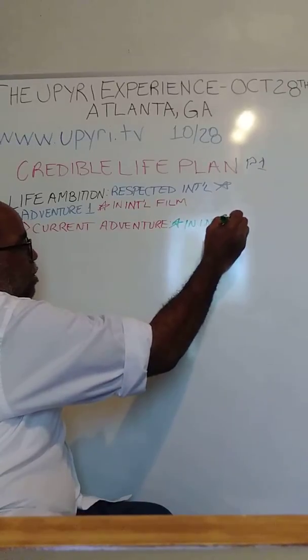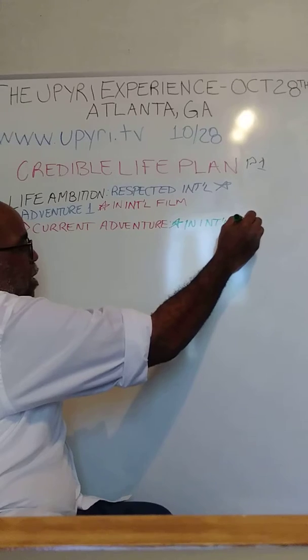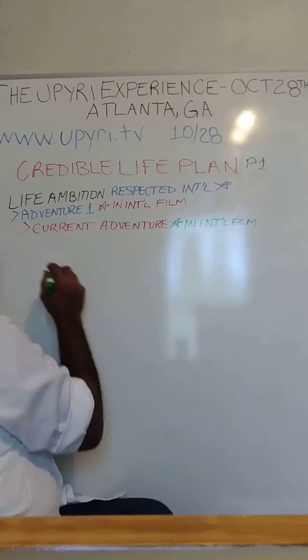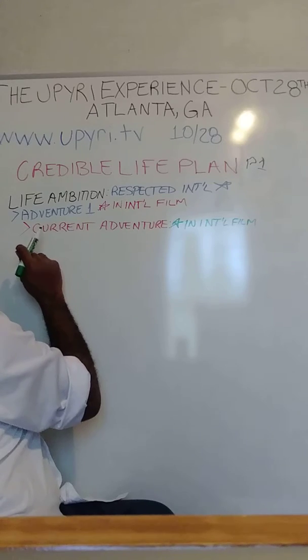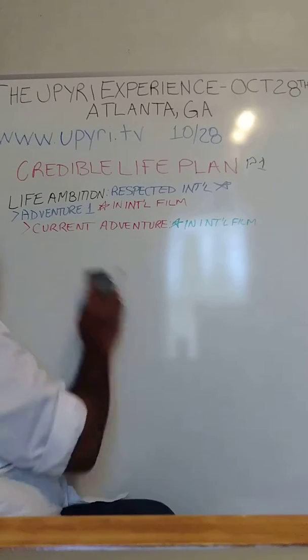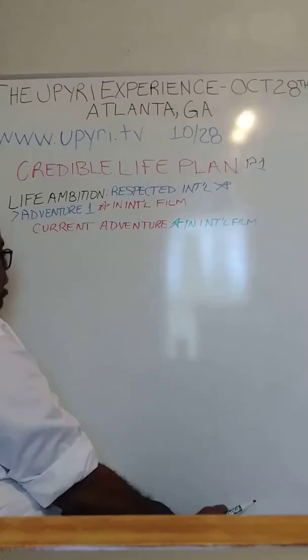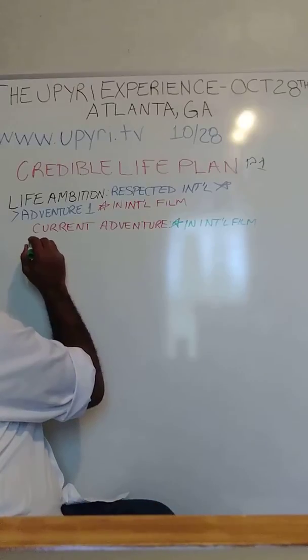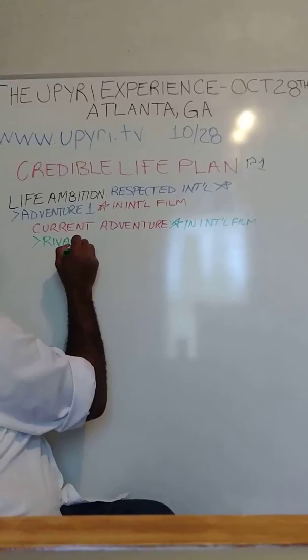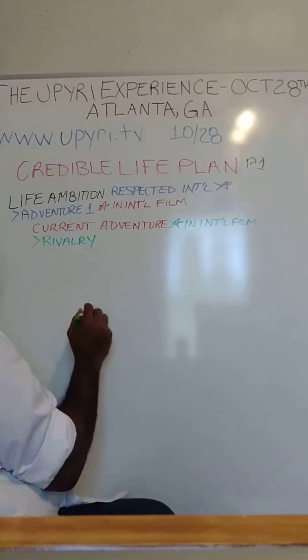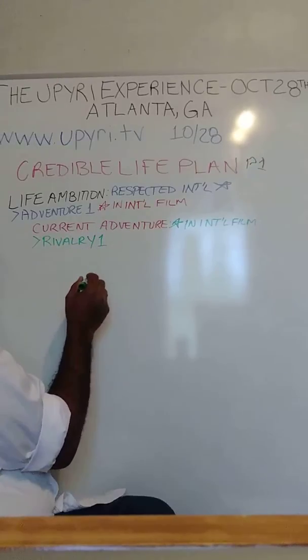It is rivalry. So you have a rivalry, and rivalry 1, 2, 3, and 4.